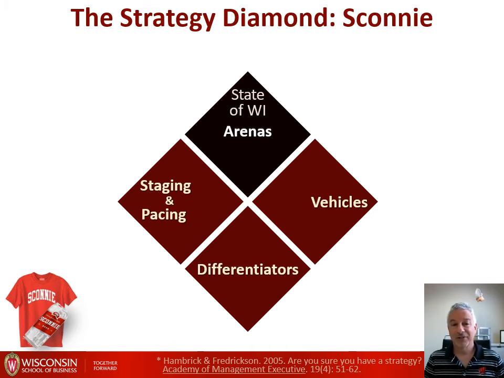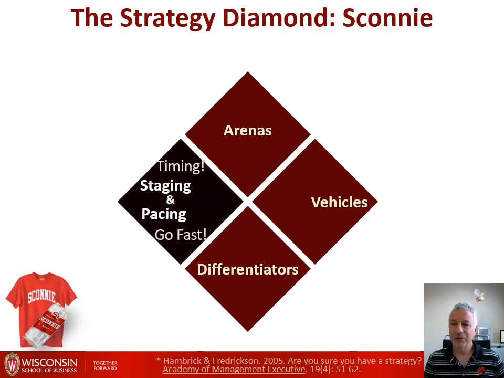Then we have the question of staging and pacing. So in this particular case, whereas we looked at Great Dane and said, well, they're going to want to move slow because they're worried about the quality, in this case, there's virtually nothing related to beer making that Scani has in-house. They're not trying to leverage that resource.